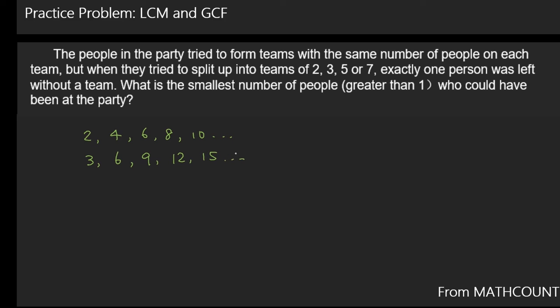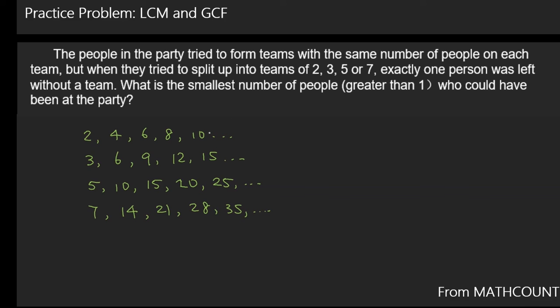And if we split up into 5 people per team, we have 5 people for one team, 10 people for 2 teams, 15 for 3, and then 20 and 25, and so on. And for 7, we have 7 for one team, 14 for 2 teams, 21, 28, 35, and so on.